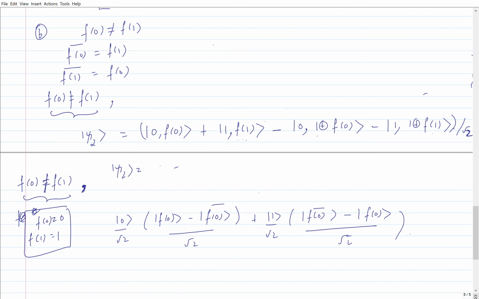Let's say I can write everything in terms of f0 only. So f1 is nothing but f0 complement. And actually, I think what we were doing earlier was also correct. Doesn't matter.